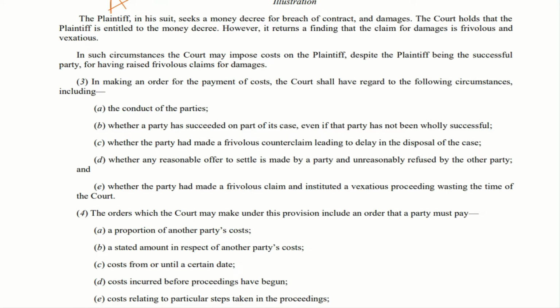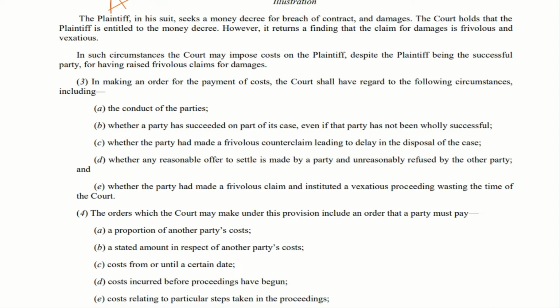X will simply say that I have to pay him money, and he does not have any proof for that. He is simply filing this counterclaim to delay the case. That is his intention. In that case, the court will see whether he has filed a frivolous counterclaim. If that be the case, that will also be taken into consideration for determining whether the cost is to be paid or not. And the fourth point, or point D.